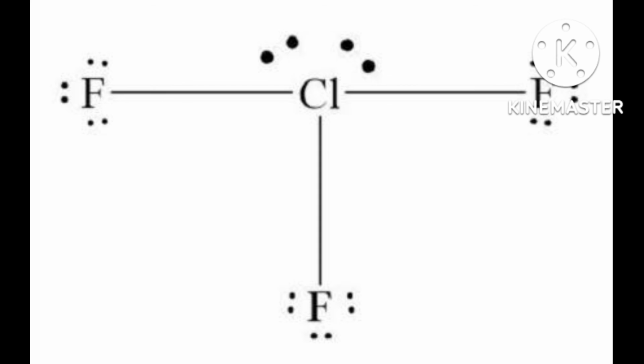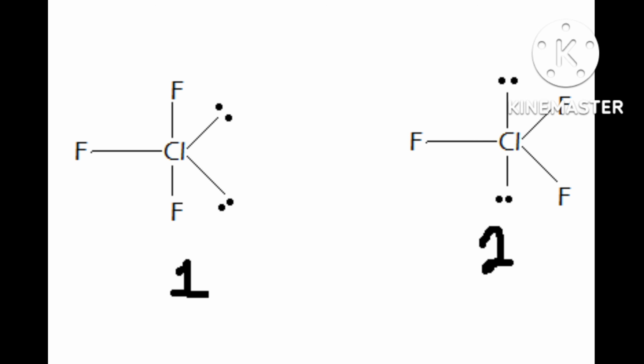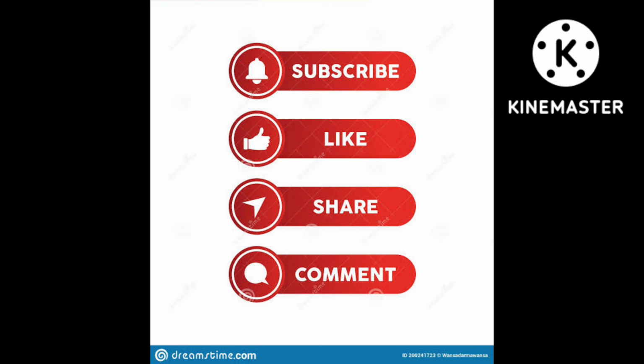In the others, the lone pairs are at axial positions. In both other cases, the lone pairs are at axial positions. So the first structure is the most stable, the T-shaped one.